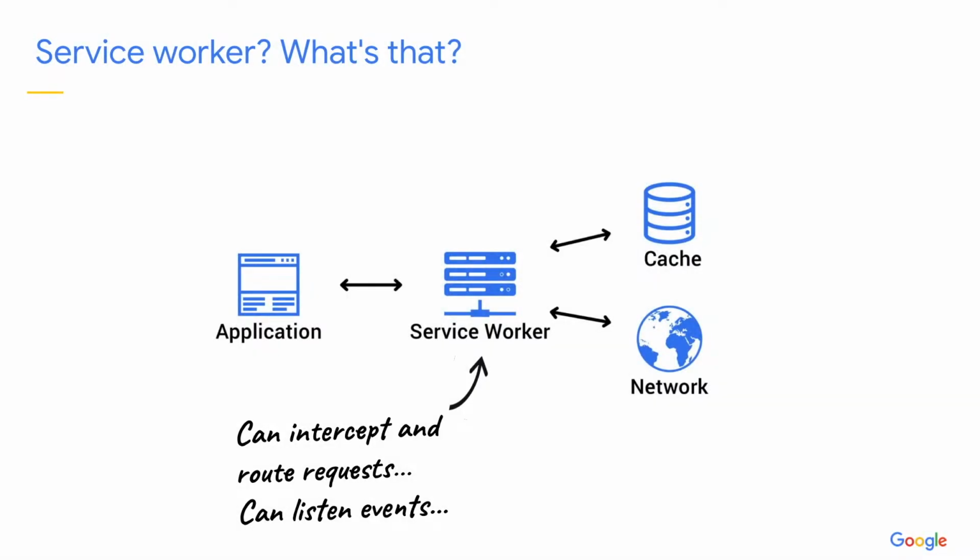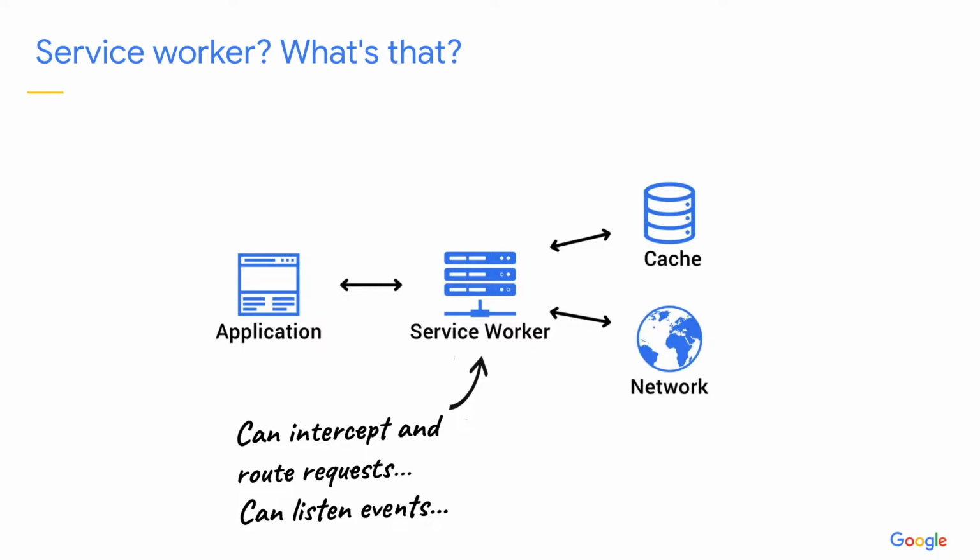So I talked a couple of times about service workers. What are service workers? A service worker is a proxy which can intercept and route requests. The service worker can also listen to events. It's a piece of code that sits between the application and the web.